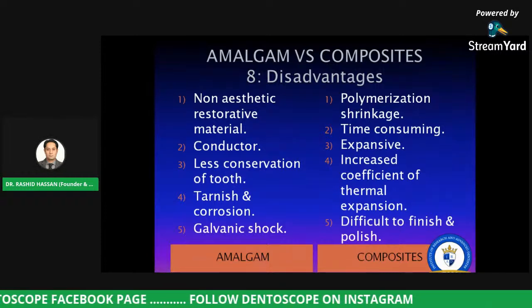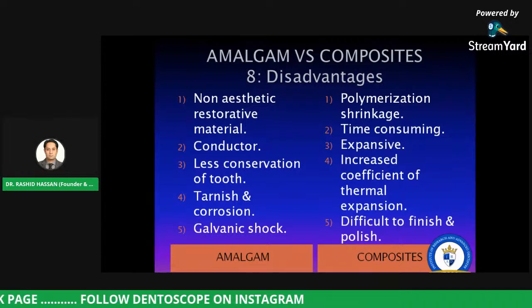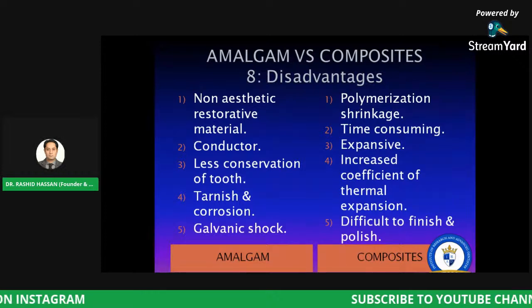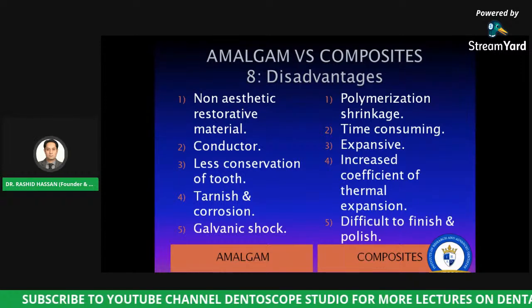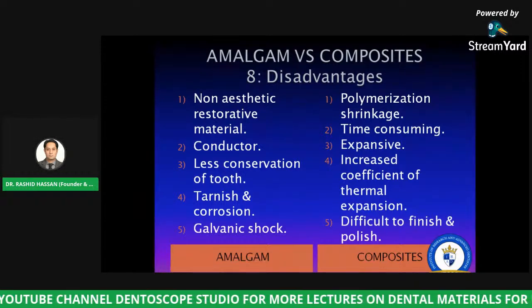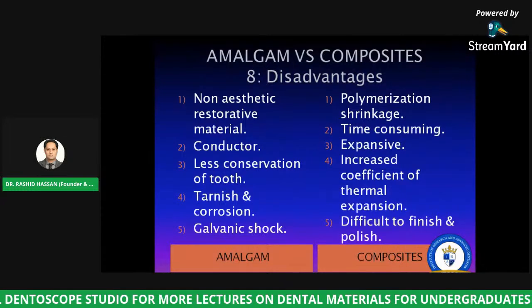When these two teeth come into contact, the circuit is completed, and a sharp shooting pain is experienced by your patient, which is very unbearable. So that's galvanic shock, and it is a very big disadvantage in the case of dental amalgam.